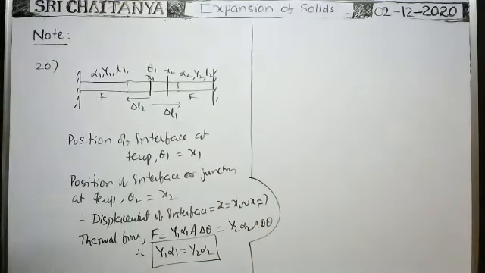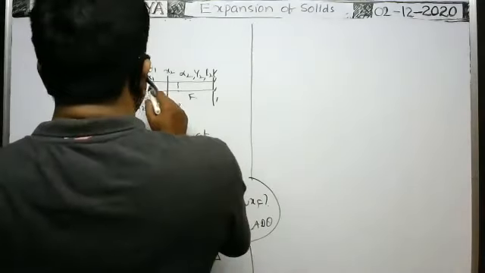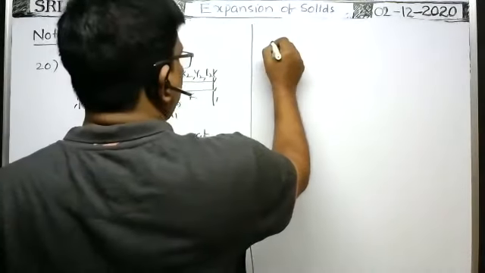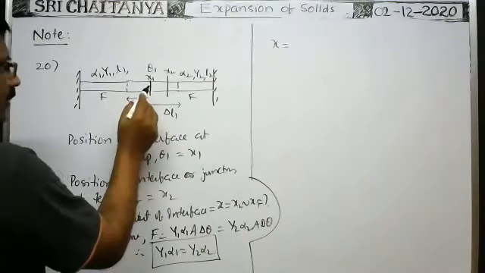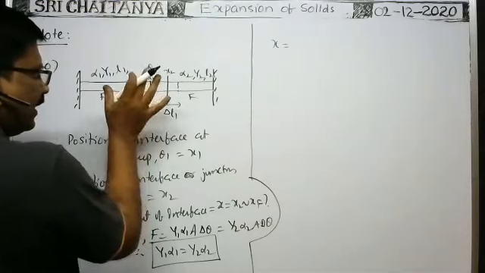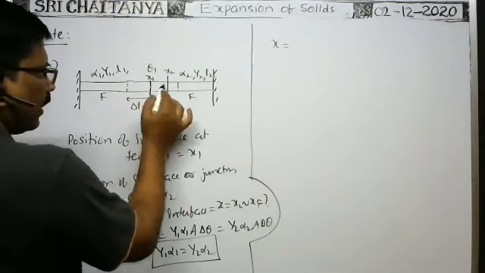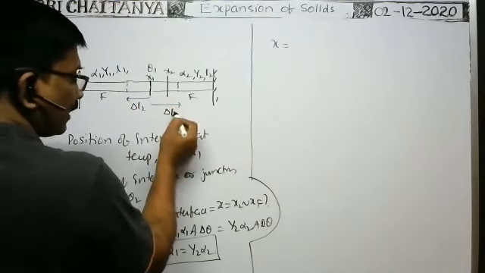what is the displacement of the interface we need? And what about the thermal force developed? We have to find the thermal force developed also. Here we see displacement of interface x is equal to, how we can write from the diagram, tell me. Actually, this rod, whenever heated, the first rod expanded up to this, delta L1.